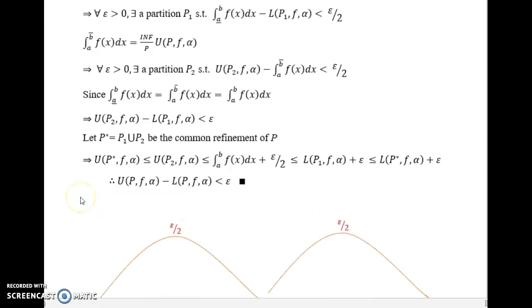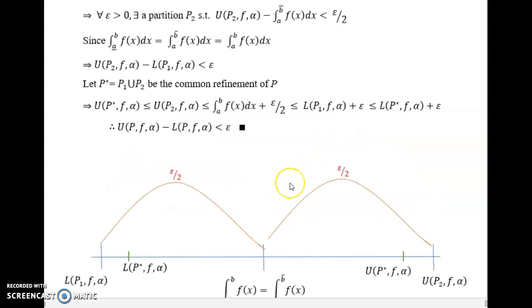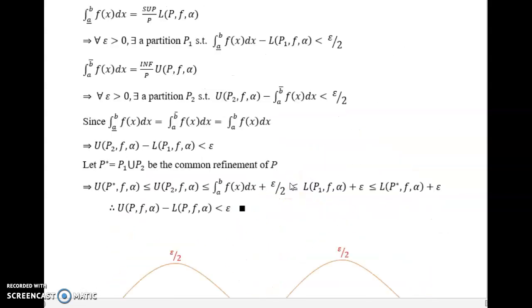And if we scroll down for a minute again to that picture, the reason we want to do this is because we know that if you have a lower sum, the lower sum of the common refinement is actually going to be greater than it. And just the opposite with respect to the upper sum. When we take that common refinement of P, it's actually going to be less than the upper sum. And that leads us to our final argument up here.